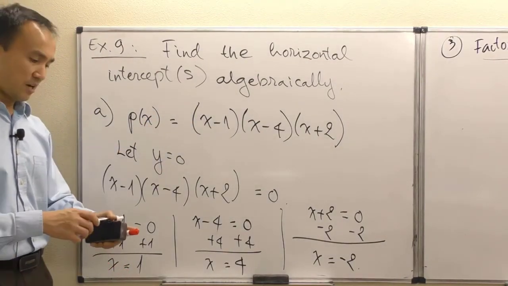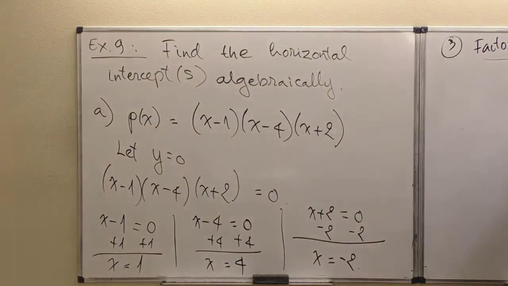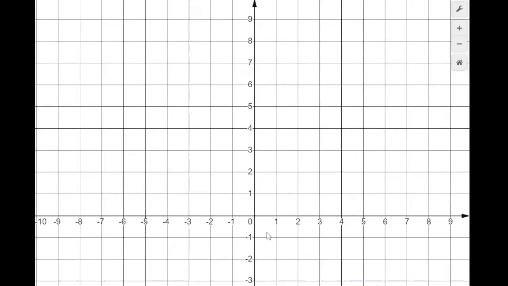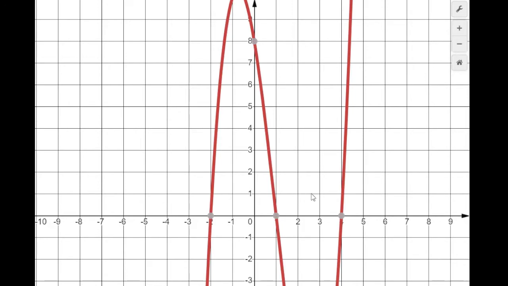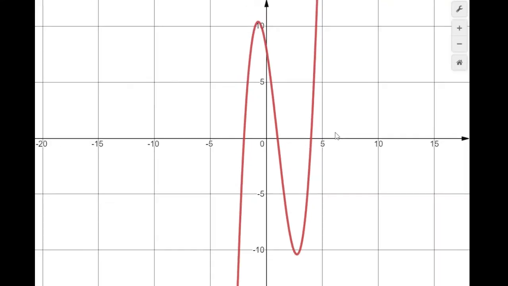Now let's double check. When I said double check, I meant let's confirm the result with the graph right here, to have a visual understanding. This is our polynomial.